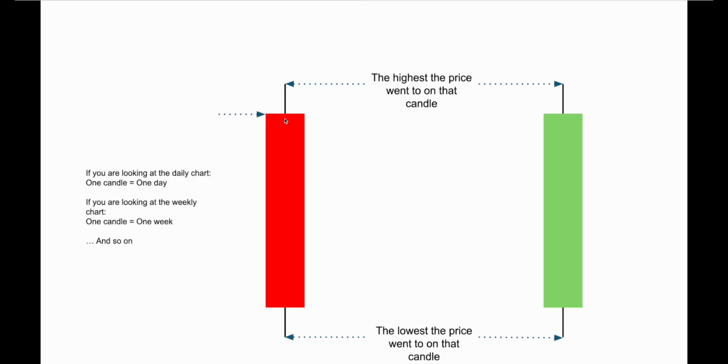Then you've got this part over here, which is the body. The top of the body is the price of whatever you're looking at when the candle opened. So if you're looking at the daily, this is the price at the start of the day. And then this would be the price at the end of the day when the candle closes. It would be the opposite for a green candle.